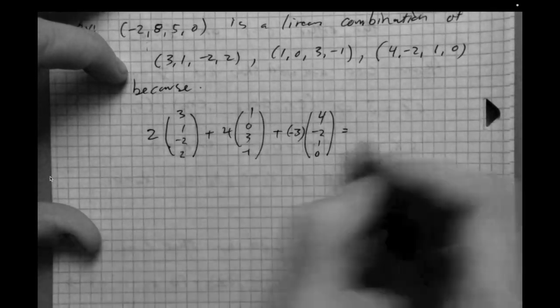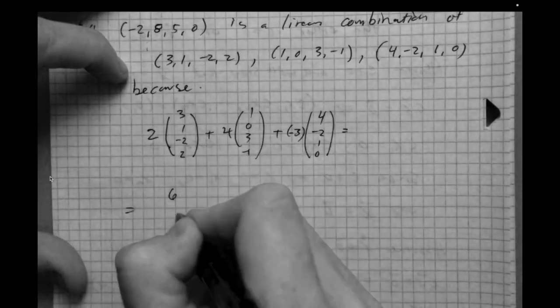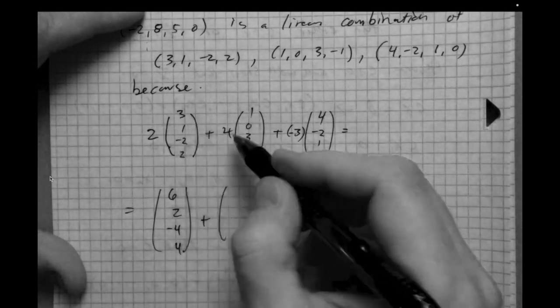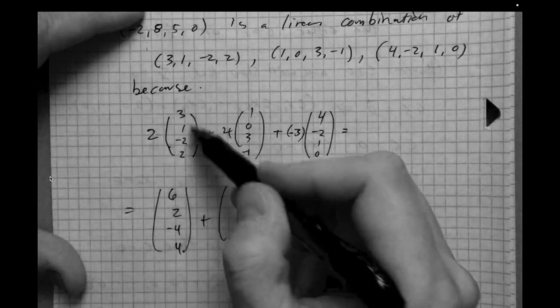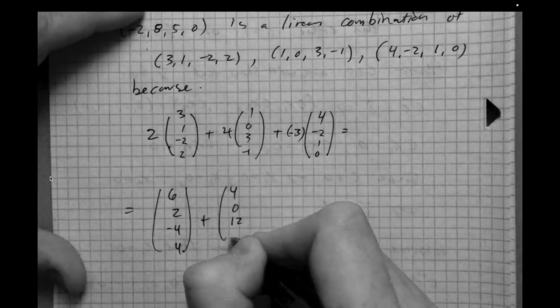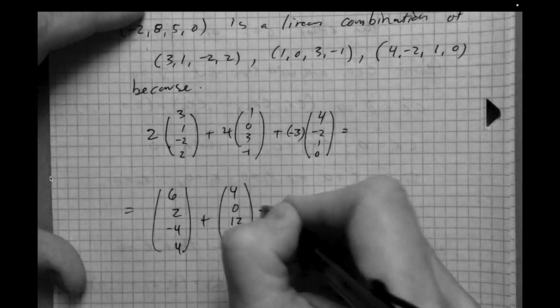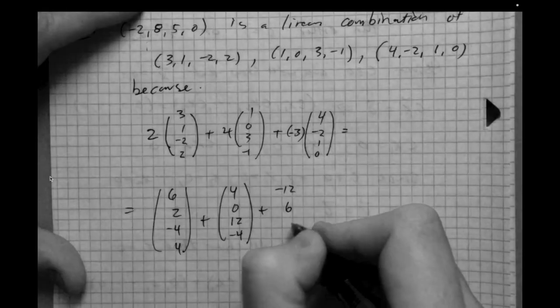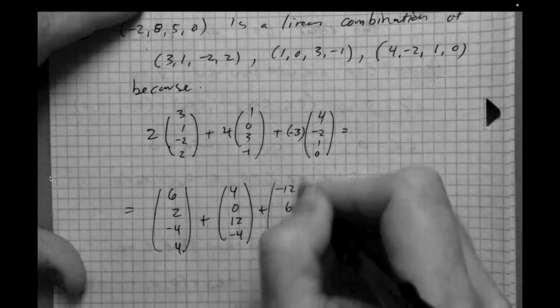Multiplying the scalars through, 2 times 3 is 6, 2 times 1 is 2, etc. I get (6, 2, -4, 4), plus (4, 0, 12, -4), plus (-12, 6, -3, 0).